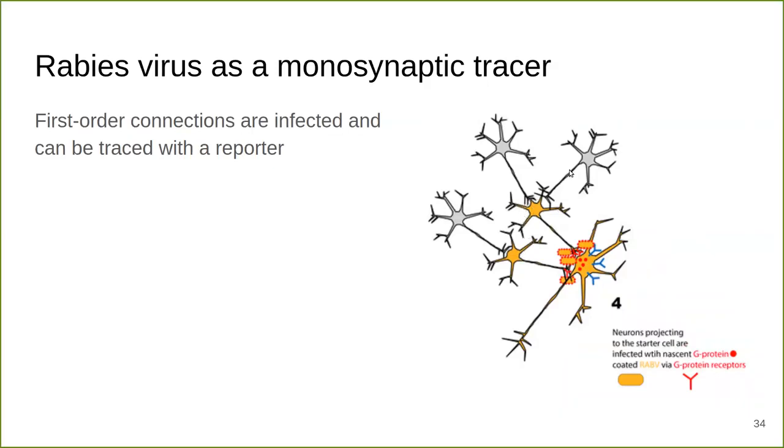So cells that are lying further beyond cannot be infected. So you only see highlighted the first order connections of the initially infected cell. So in this case, you can recreate the neural networks on a very small scale, starting from one cell, for instance.